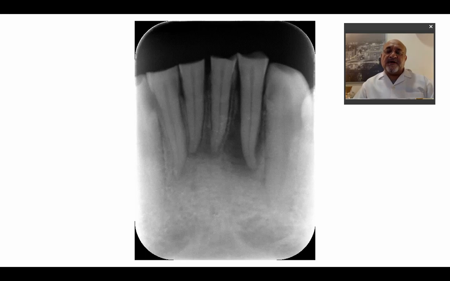We're still in the lower anterior region, and we agreed so far that we might find here nutrient canals and the lingual lip, a mental ridge. However, the appearance or the presence differs from one case to another.